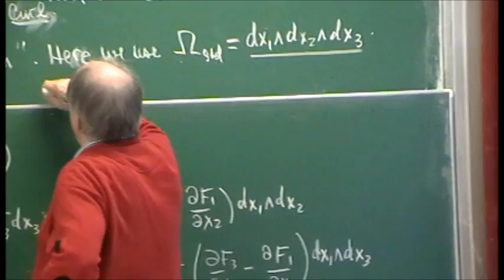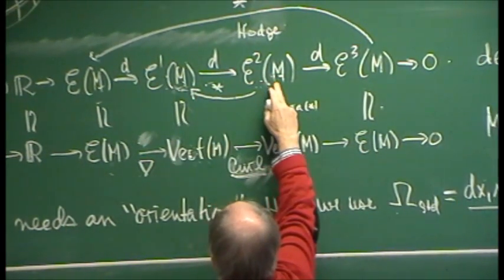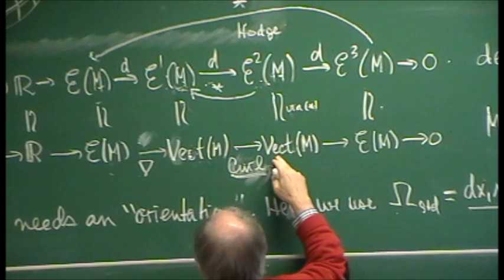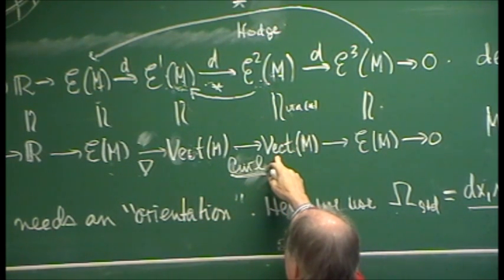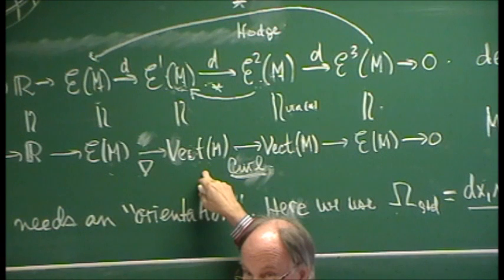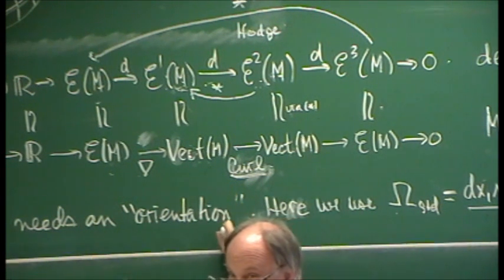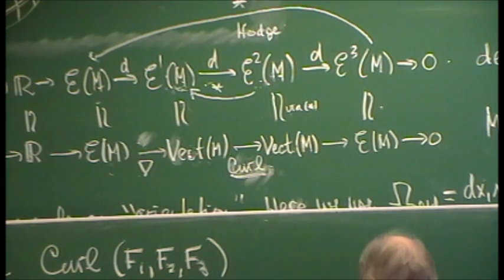I start with a vector field, I go to a 1 form, I take D of the 1 form, I get a 2 form. Now I have to go back to vector fields, and the only way I can go back is by star. So here's star.